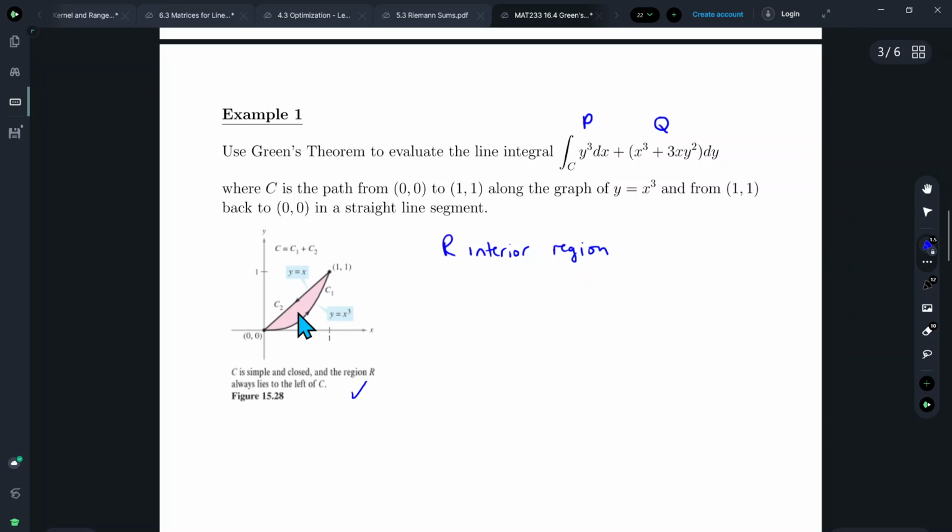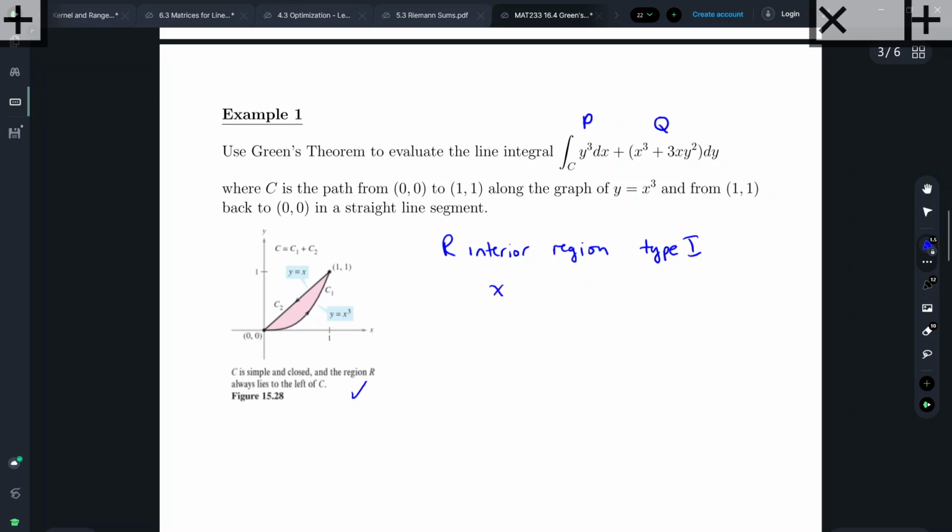And notice that we can calculate it as a type 1 region, right? Because if I view this line as the top boundary and then this curve as the bottom boundary, so a type 1 region, you have functions for the top and the bottom boundary. Okay, so this is type 1.